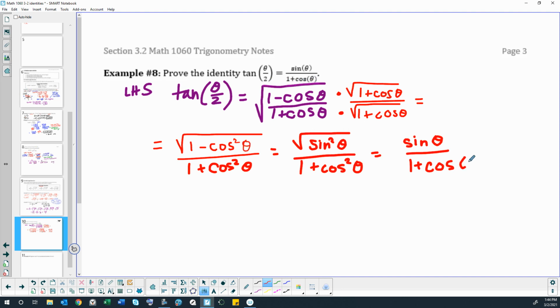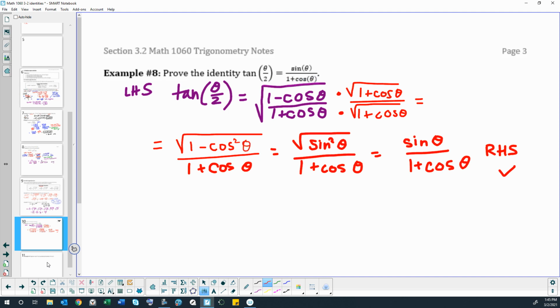Oh, I don't know where that squared came from. Probably just because the one on the top has a square, so I was thinking that one did too, but it doesn't, because in this case the radicals cancel each other out, because what we multiplied by was exactly the same, so that part's not squared. Okay, sorry about that mistake. So that is the right-hand side, and we're done.